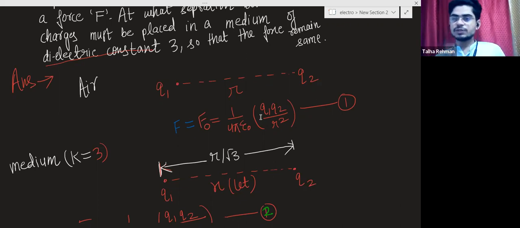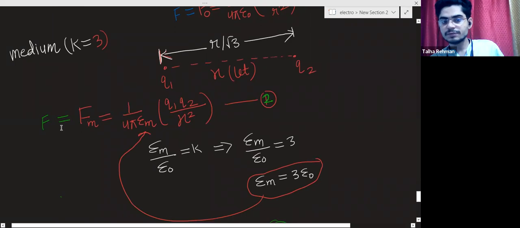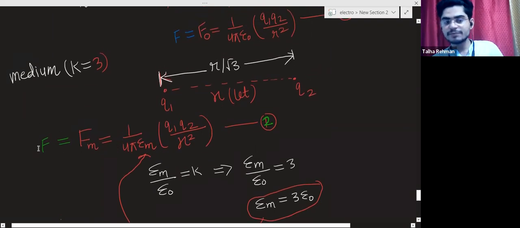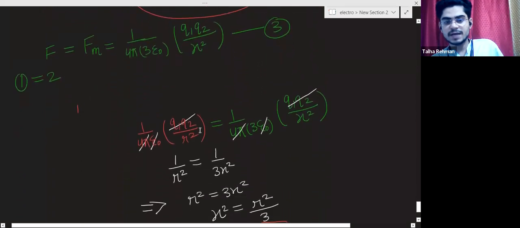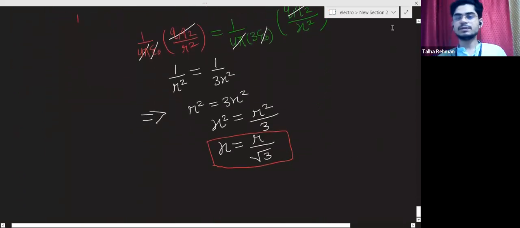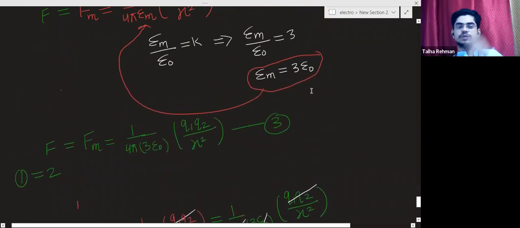The question says that when you place those charges in another medium, the force will remain the same. So we calculated the value of force, and this force will equal F, same as earlier. Then we equated these two forces like this, and we got the answer. Simple thing. But at that time, the question was not correct.